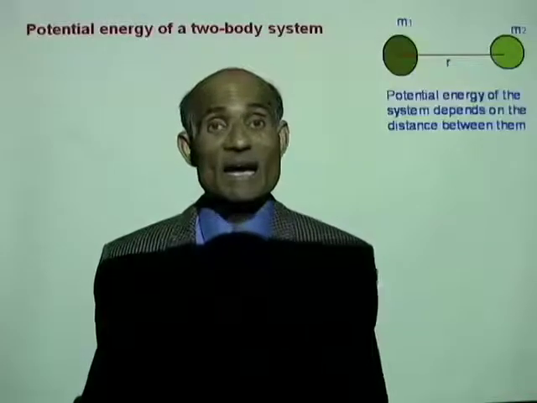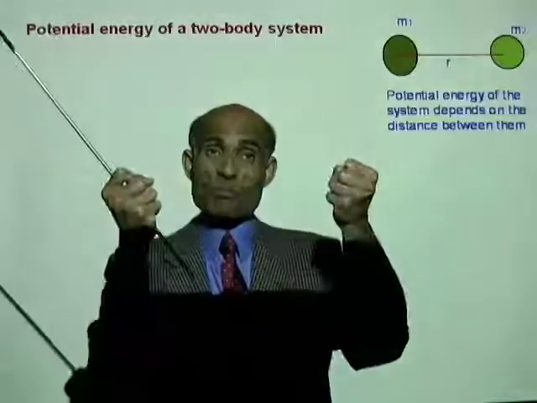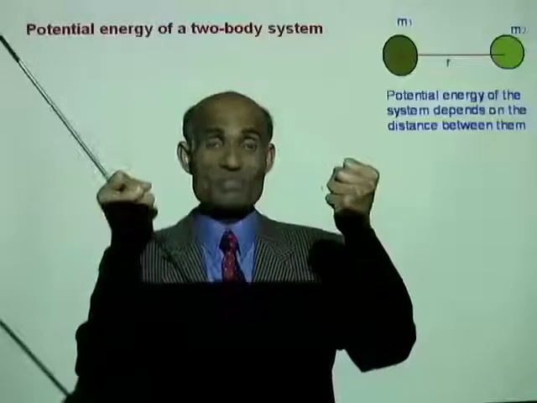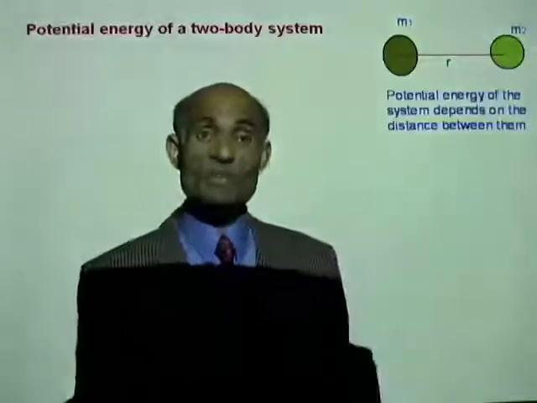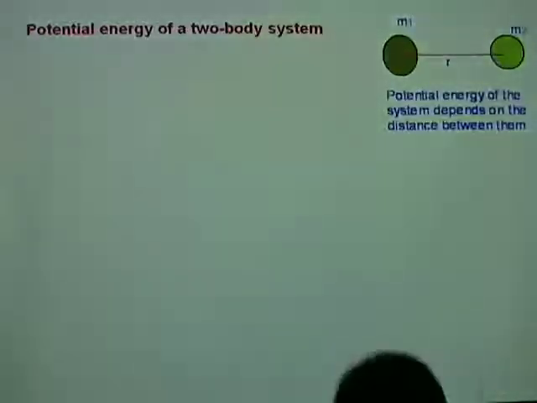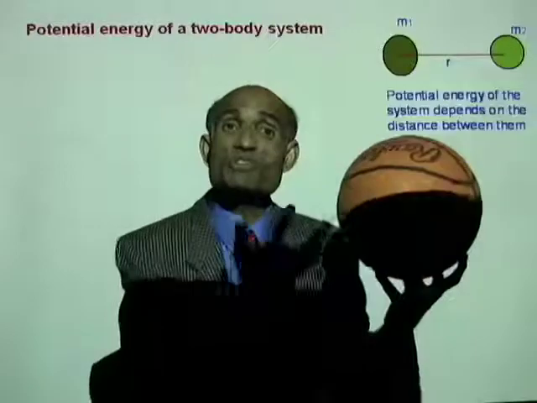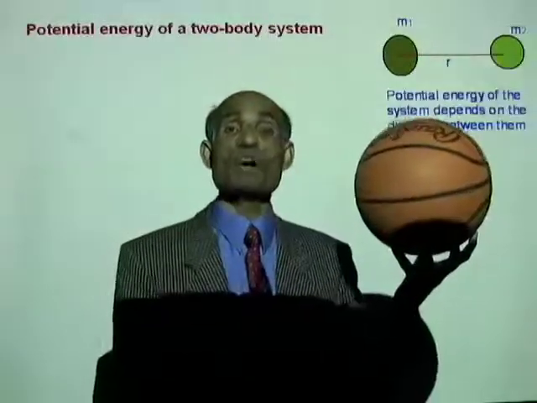Well, we know that the potential energy of a two-body system, a two-object system, depends on the distance between them. Do you know that? Consider the basketball and the Earth. This is a two-body system.